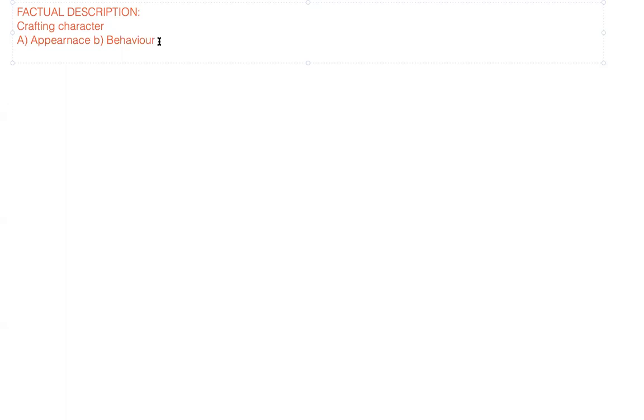These are the two most important things which describe a person's character. So I am going to give you a few words with respect to appearance of a person and how it can affect the factual description. So quickly, let's move on to the words for appearance of any person.